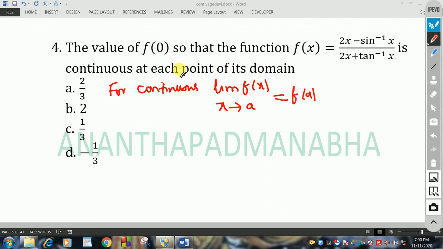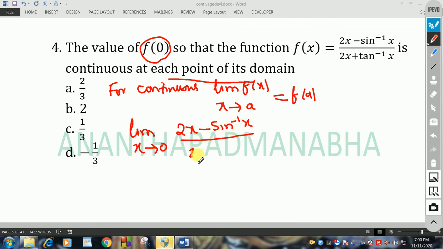Here, at x equal to 0, I will consider the limit as x tends to 0 of (2x minus sin inverse x) divided by (2x plus tan inverse of x), which is equal to f of 0. So this is what is required, that is, I have to find f of 0.